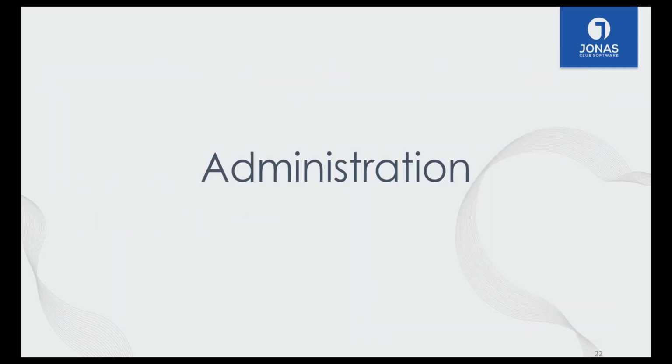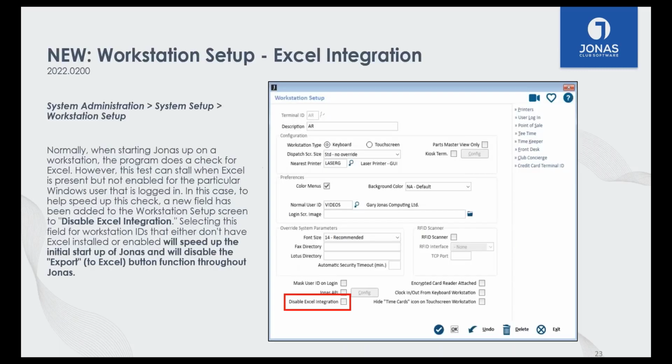Now moving on to the administration side of Jonas, there's a couple new features over here. This first one that I'll show you here still sort of follows that same theme of our effort to make your lives a little bit easier and your Jonas a little bit faster for you, more efficient. And for those of you who don't know this, whenever you open up Jonas for the first time, we do a double check sort of in the background to make sure that you have Microsoft Excel on your computer.